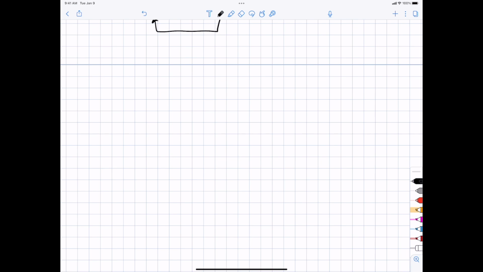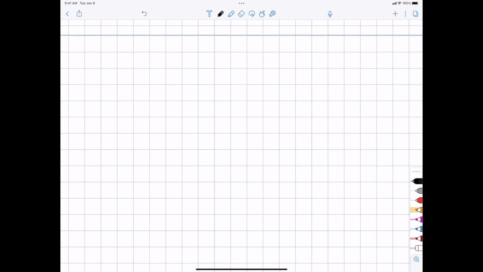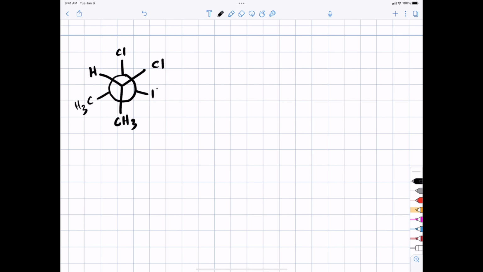So the third sort of secret and evil way that I can conceal molecules, whether they're chiral or not, is to draw them as a Newman projection. And this is particularly nefarious, maybe.